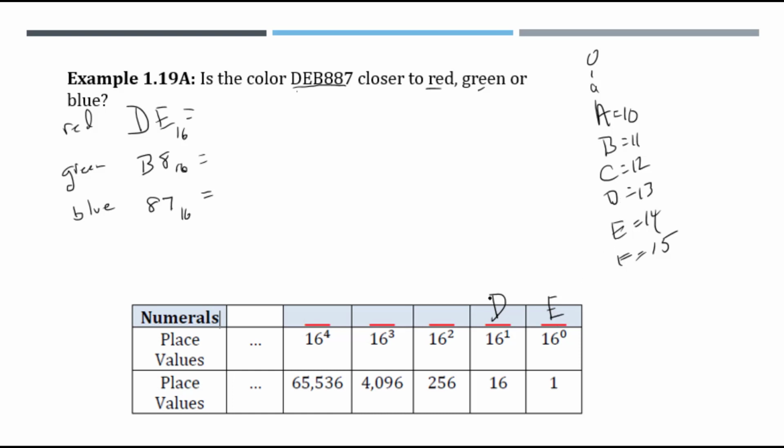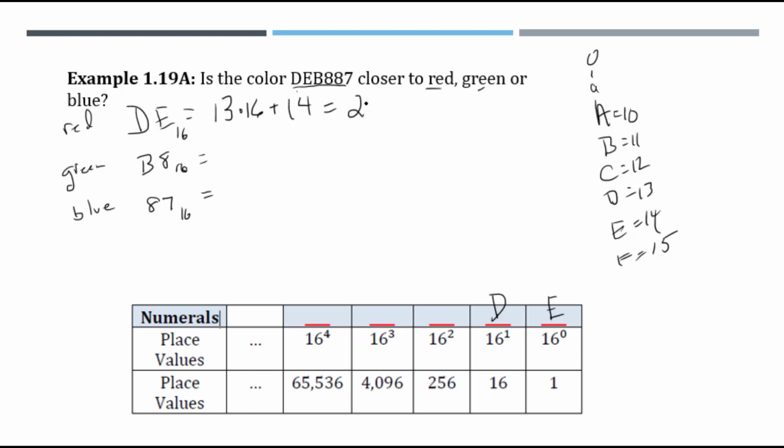So DE is going to be 13 sixteens. So that's 13 times 16 plus E, which is just 14 ones. So 13 times 16 is 208.